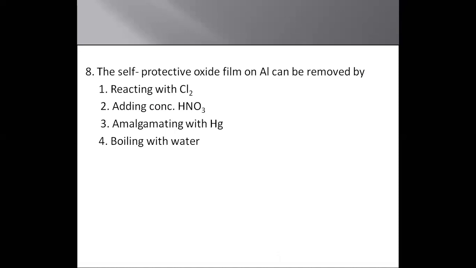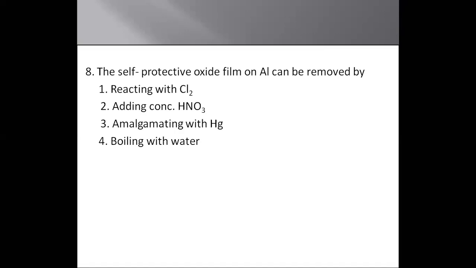Now, the next question is: the self-protective oxide film of aluminium can be removed by. How can you remove that protective layer which is formed on aluminium? It might be formed because of the air reaction, or with concentrated nitric acid.